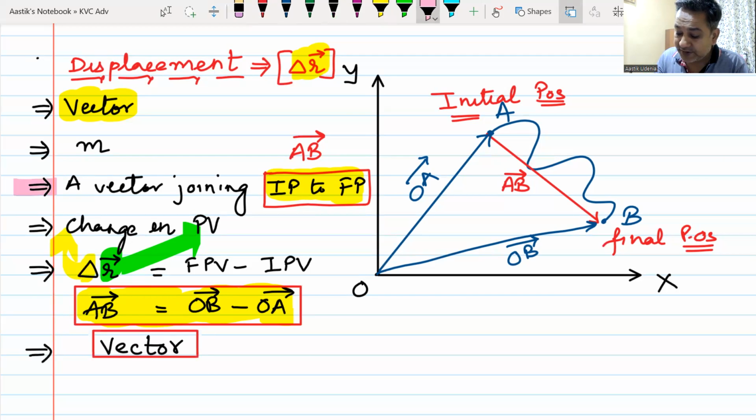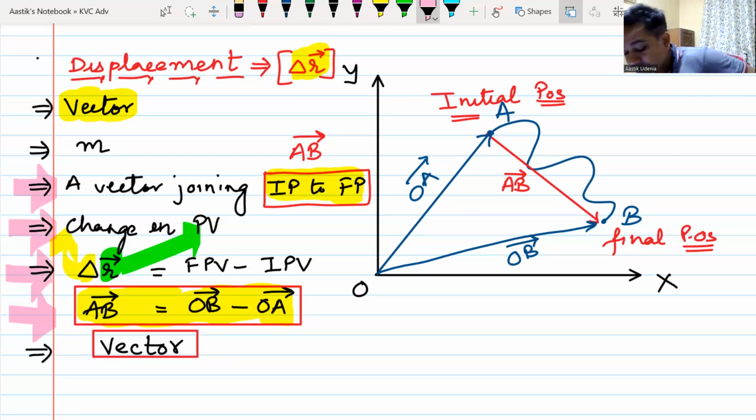Whether you call it by this equation, or this equation, or this equation, these four are the actual equations or the actual definition of displacement. But if you want to understand it in a different way, you can also try this way.